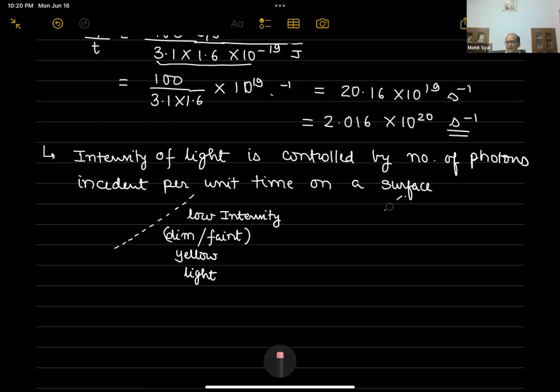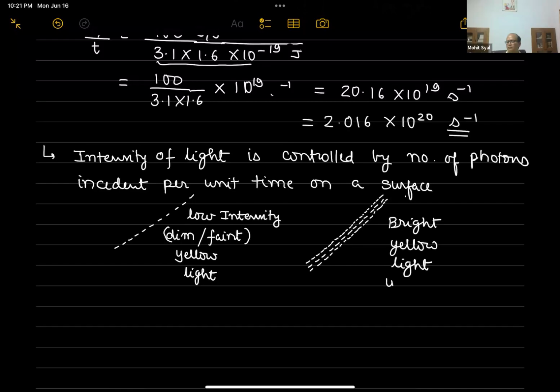And the next is bright yellow light with more intensity, bright yellow light with higher intensity.